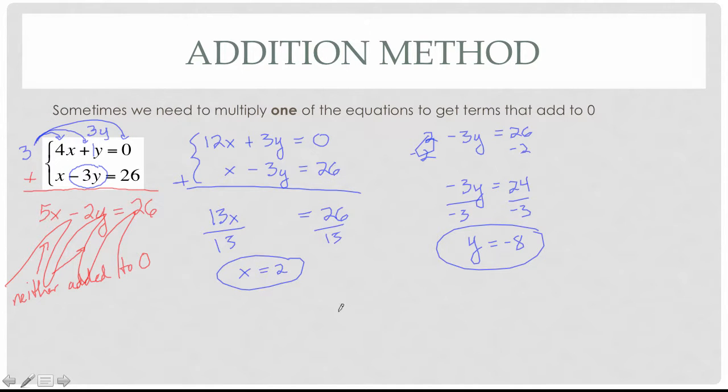We solved the intersection point. The solution to the system is when x equals 2, y equals negative 8. I could graph this now and verify my solution as well. But there you go. That was an example of when I needed to actually multiply. I needed to change the original system by multiplying one equation in a way so that I could then get 3y minus 3y to get 0.